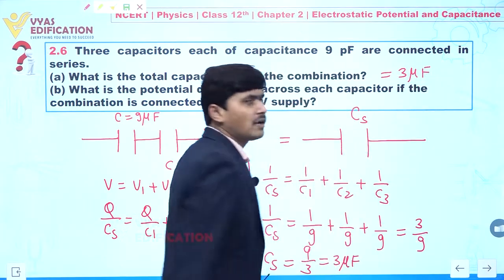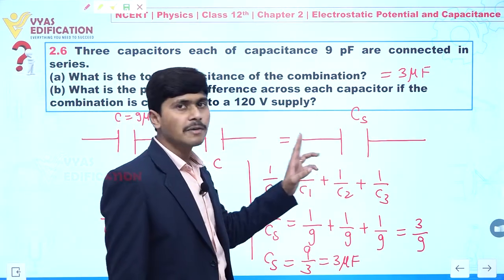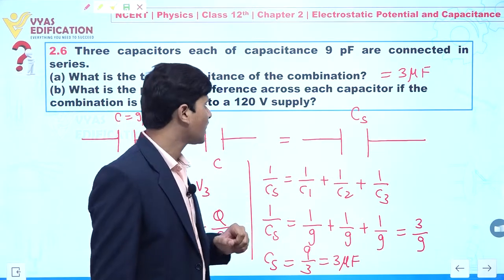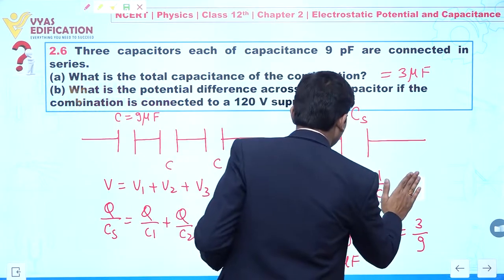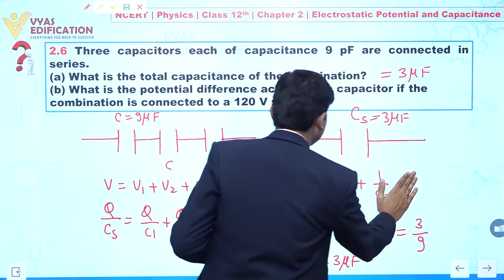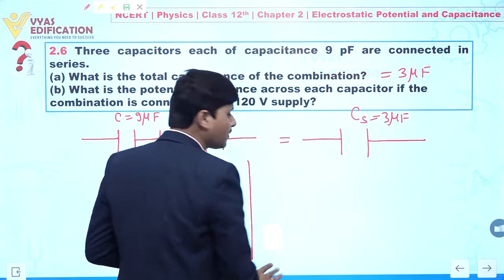Now the next question asks, what is the potential difference across each capacitor if the combination is connected to a 120 volt supply? This value we got is 3 microfarad, and we can say this is connected with a battery having potential difference 120 volt.